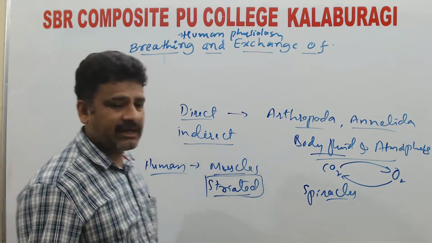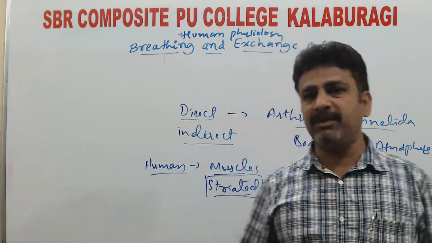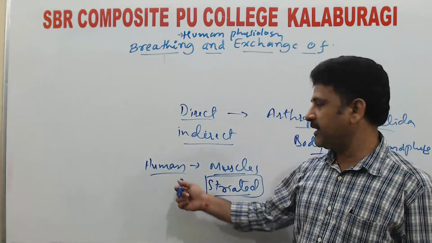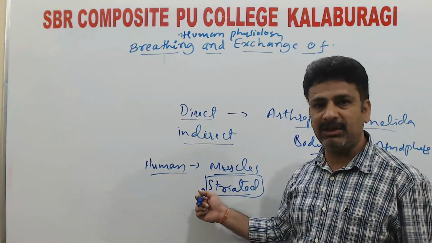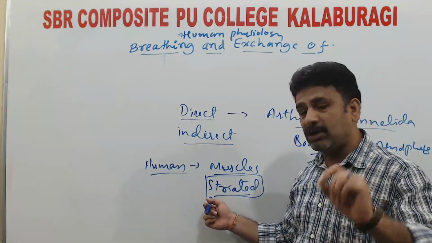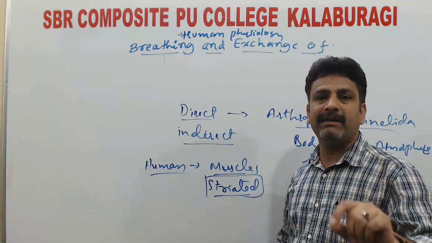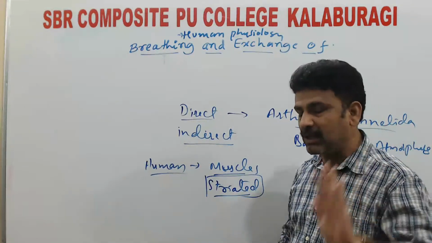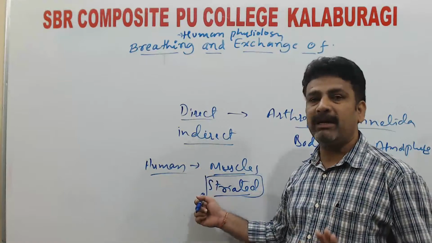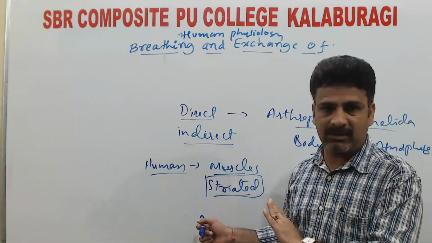In the absence of oxygen, the muscle cells carry out cellular respiration, utilizing muscle phosphagen, which is converted into lactic acid. So anaerobic respiration occurs in human beings, especially in striated muscles during vigorous exercise, and only under particular conditions.